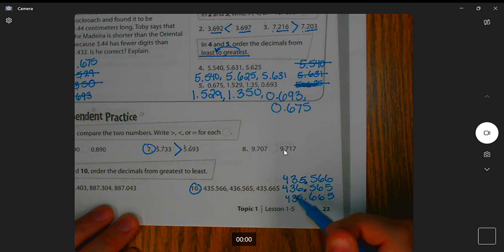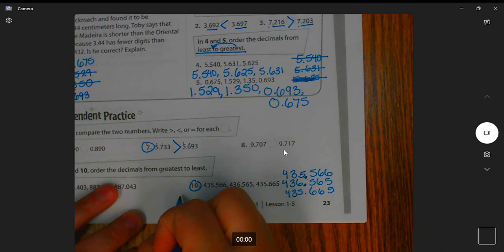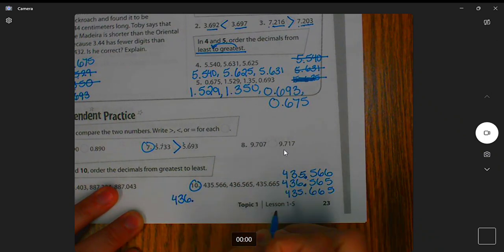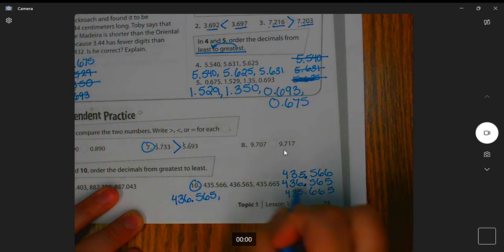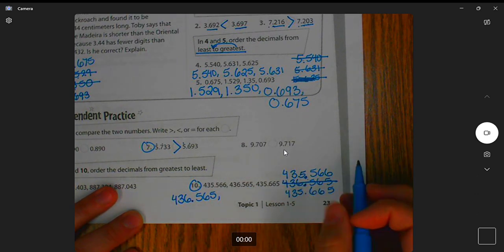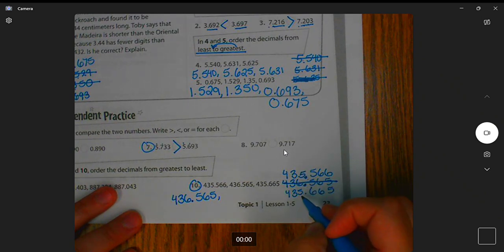Yeah, the ones. Which one is biggest? 5, 6, or 5? Yes. So I'm going to say 436 and 565 thousandths is greatest.